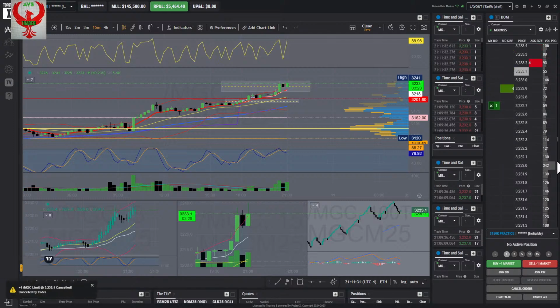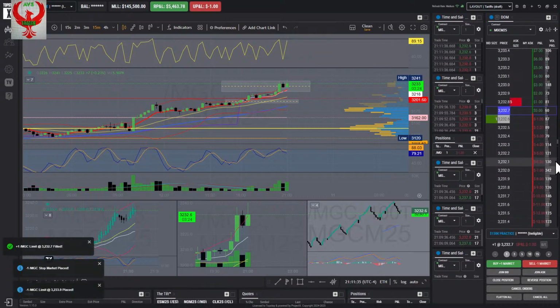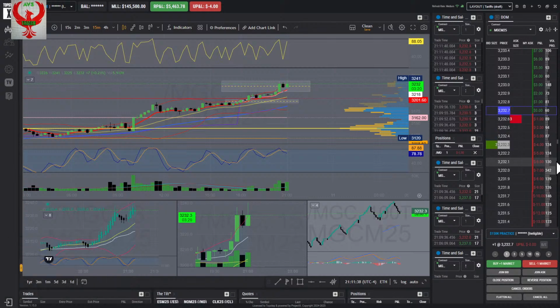Short-term buying? Is it just temporary? Or did we reverse? Can we see some more momentum? We did break the current downtrend that we have been seeing tonight. We broke it.